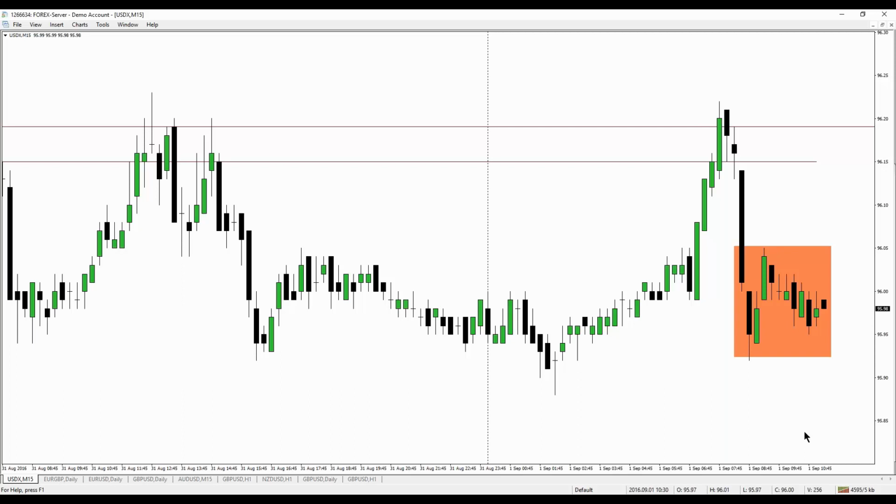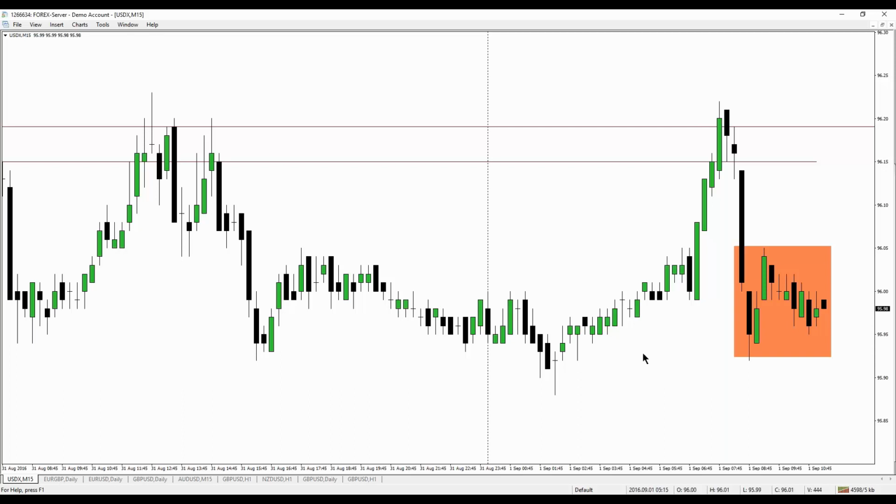Our higher level objectives will be put aside for today, and we'll probably look at those levels being hit. We were talking about the daily for the non-farm payroll release tomorrow, because there's a bit more volatility in that release than the one we're going to see today.